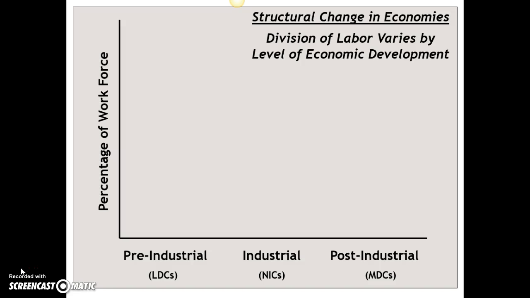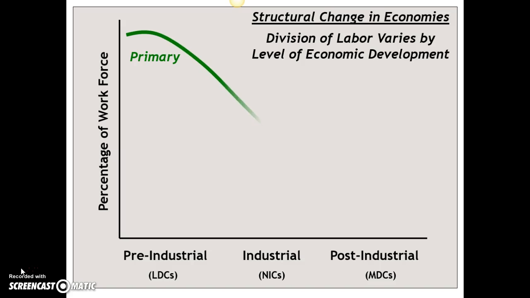These are our newly industrializing countries, and so we've got very few people in agriculture and lots of people in manufacturing, and more people in services, but still not a ton. And post-industrial, these are our more developed countries. And so they have very few people in agriculture, lots and lots of people in service industries, and some people, but not a ton in the middle, in that manufacturing.